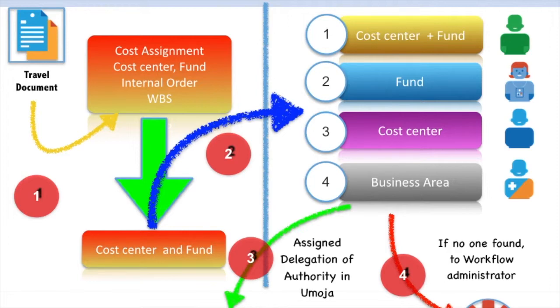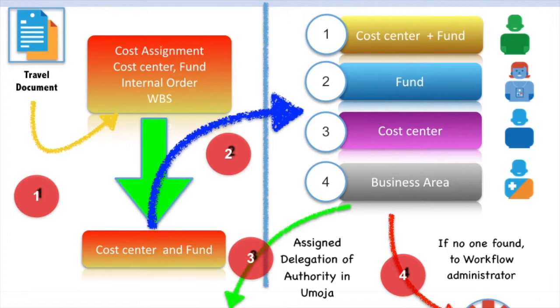In the system, based on the cost center and the fund, which we derive on the basis of the input given on the travel document, and based on the combinations, cost center fund or fund, cost center or a business area, we determine the recipient who has the delegation of authority established in the Umoja system and send it to them for either certification or approval.